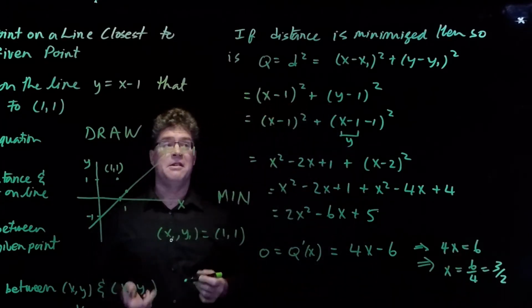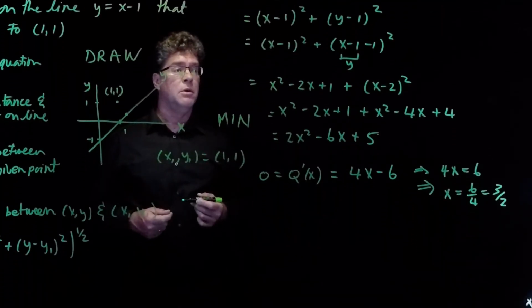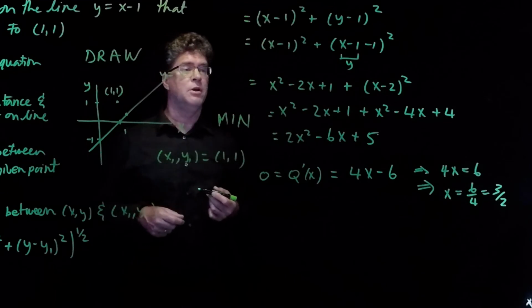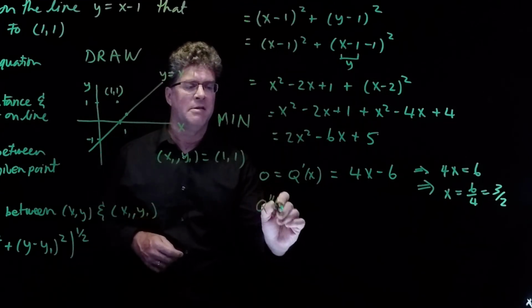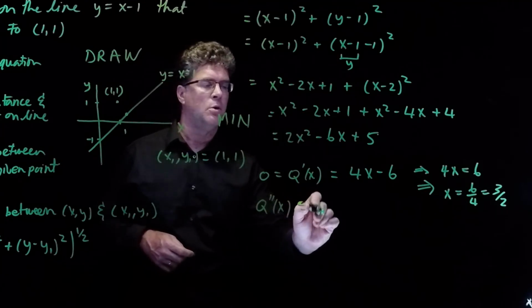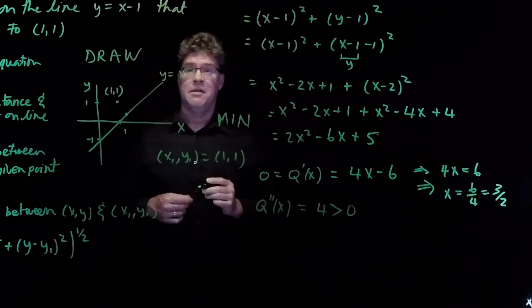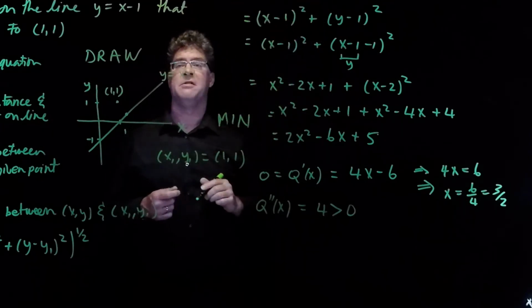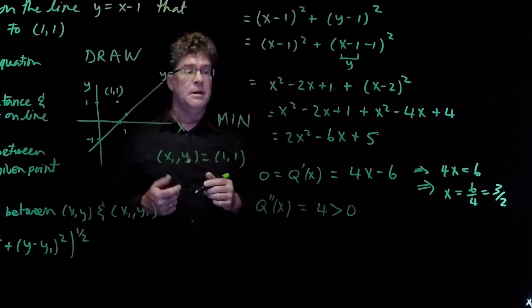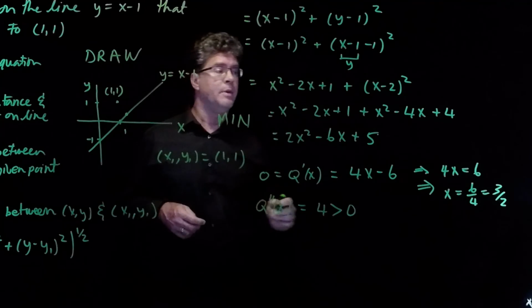Let's double check to see that this is actually a minimum. We can check the second derivative of q. q double prime of x is equal to 4, which is bigger than 0. That means the shape of q is a happy face, because the second derivative is positive, and so the critical point is indeed a minimum.